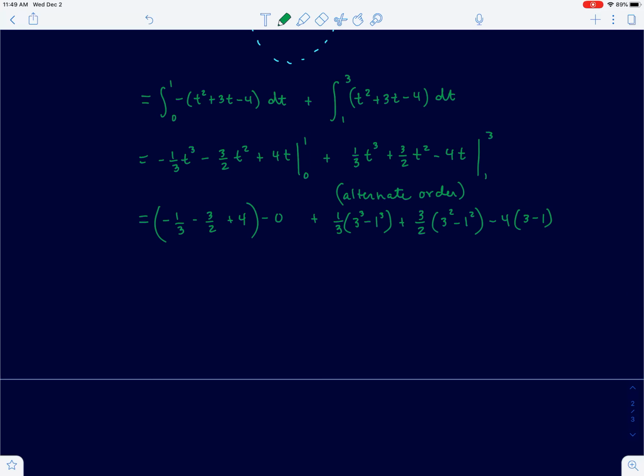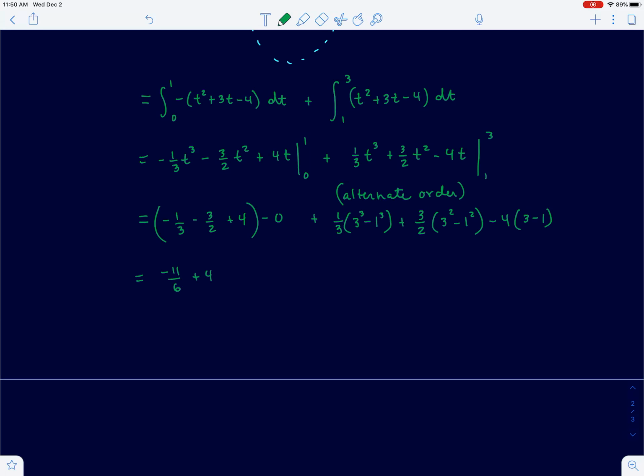And then I need to simplify this. -1/3 minus 3 halves is -2/6 minus 9/6, so minus 11/6.